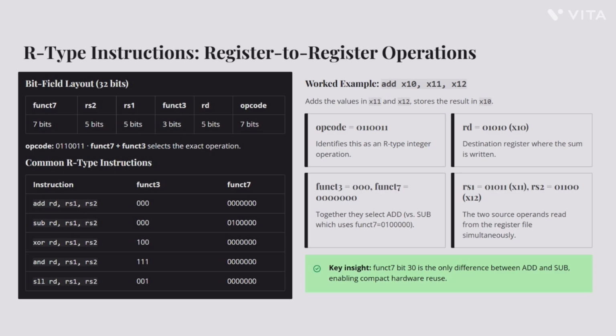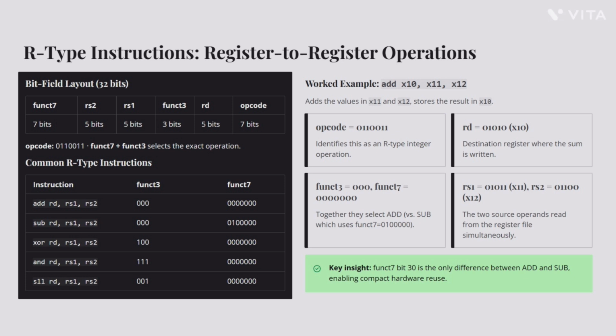It selects the exact operation. Here we can see func3 and func7: when all are 0, it will be addition. When func7 is this one, it will be subtraction, and for XOR and AND the values will be different, and for the shift left operation func3 is 001. So this will be the difference.